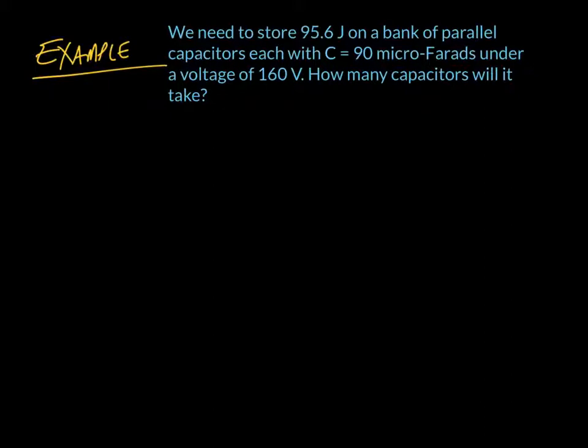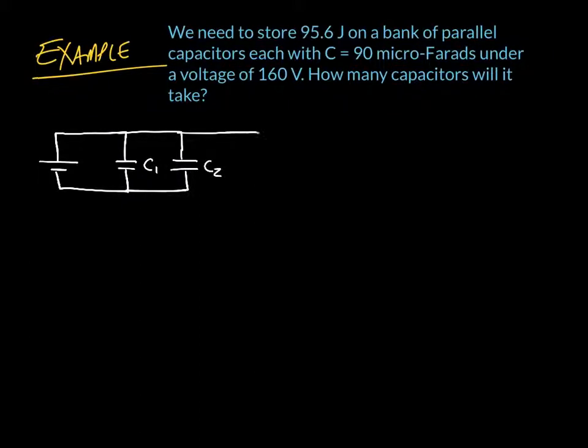All right, so that's our problem. So let's draw a circuit, since it asked us to deal with a circuit. So here's my voltage, and I'll have capacitor 1, and then I'll have capacitor 2, and this will continue for a while until I get to capacitor N, whatever that is.